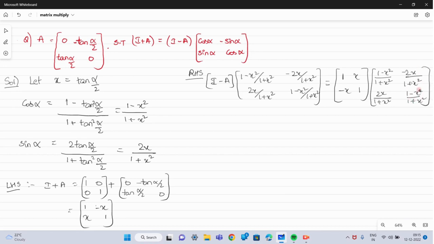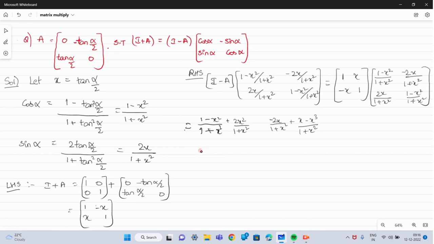Now matrix multiplication is possible. Just multiply the first row with the first column. We'll get 1 minus x square over 1 plus x square plus 2x square over 1 plus x square. Now with the second column, minus 2x over 1 plus x square plus x minus x cube over 1 plus x square.